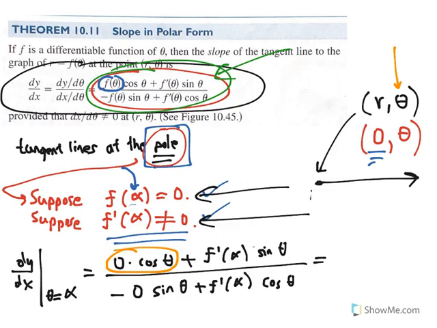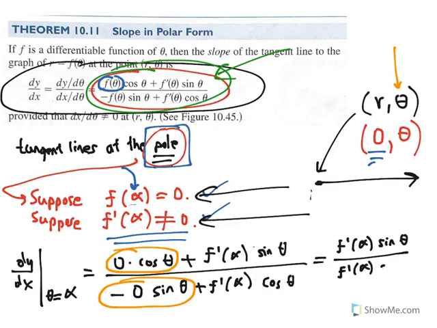So what does this simplify to? 0 times cosine of theta is 0. 0 times sine of theta is 0. So this simplifies to f prime of alpha times sine theta divided by f prime of alpha times cosine theta.